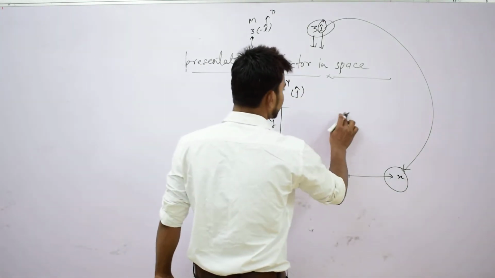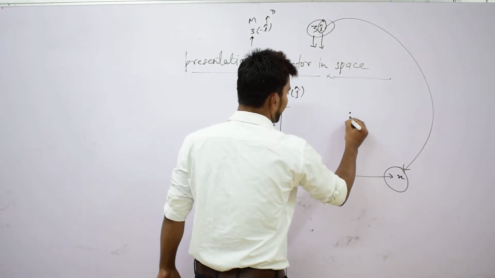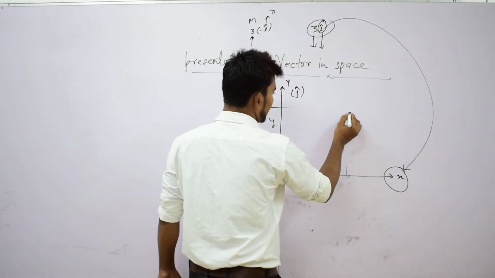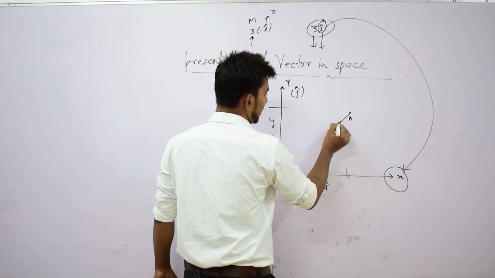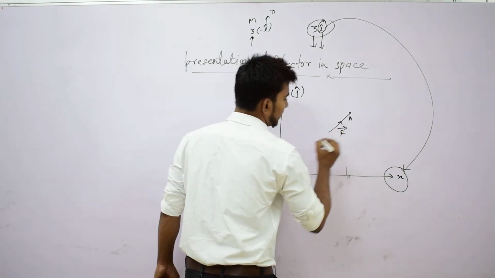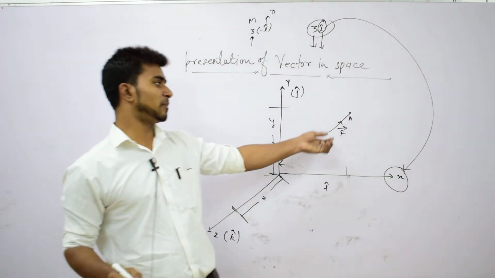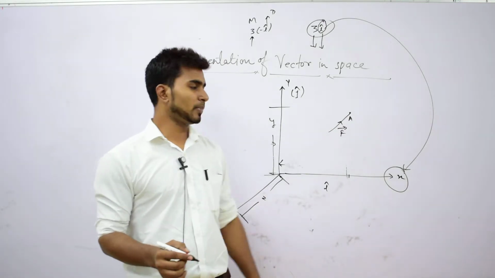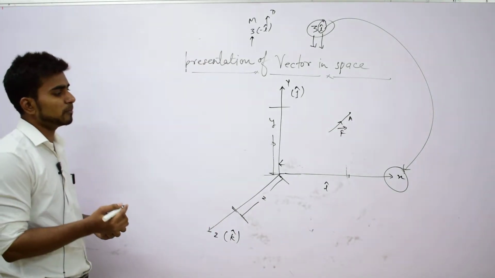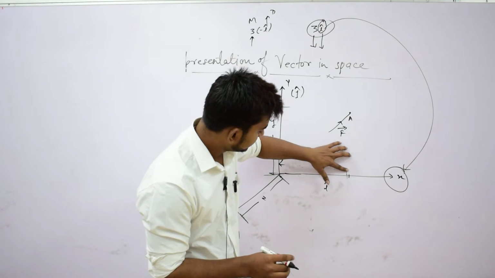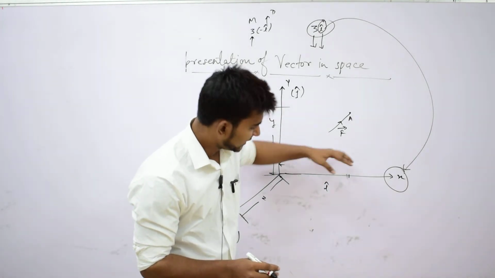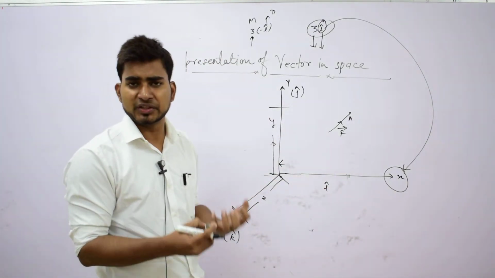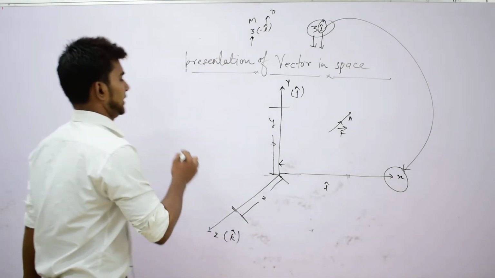So let's suppose this is a point A, on which a particular force F is applicable. So how this force can be distributed in different directions, that we have to understand.